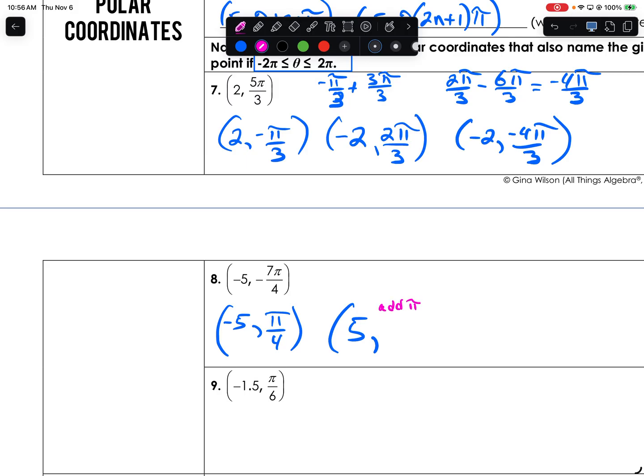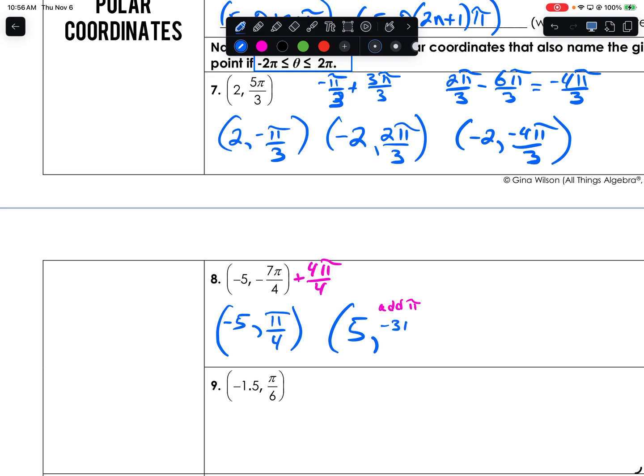So we're going to add 4 pi over 4. What do I get? 5 pi over 4. Negative 7 plus 4, oh, you did it to the other one. So we get what?